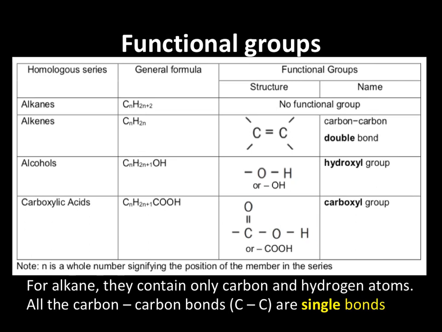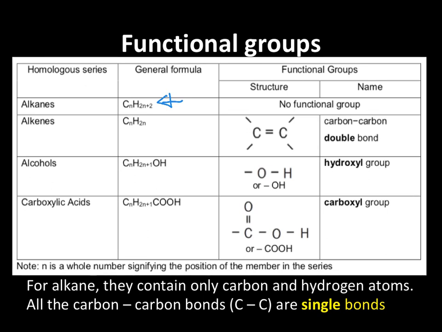Now, there are 4 homologous series that you will need to study in detail, but let's look at some of the general things first. The first family, the alkane family, its general formula is CnH2n+2, where n is the whole number signifying the position of the member in the series.